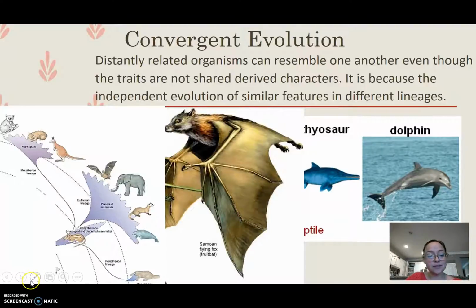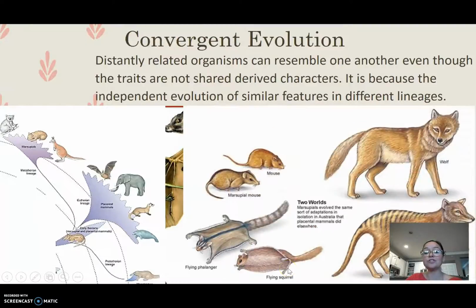It's kind of cool because over time, the animals that live in North America and Australia look very similar. So here you see the marsupial mouse and a regular placental mouse. Both of them live in similar habitats, and therefore, by natural selection, they've evolved to look very similar to each other.